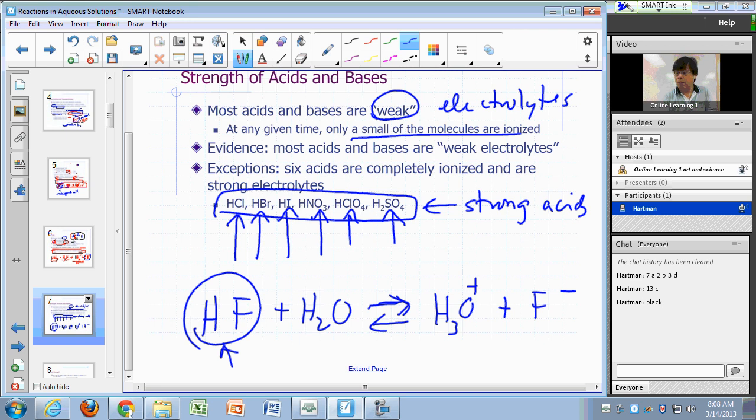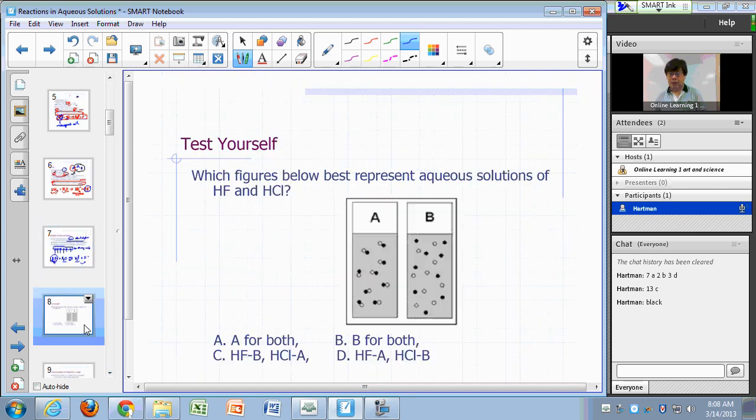And this reaction, the proton transfer, is reversible. Protons hop from a water molecule to another water molecule. It can hop from an H3O plus or an F minus to give you back HF and H2O. And so at any given instant, more of your HF are in the molecular form, as opposed to the ionized form. That's what a weak acid is.